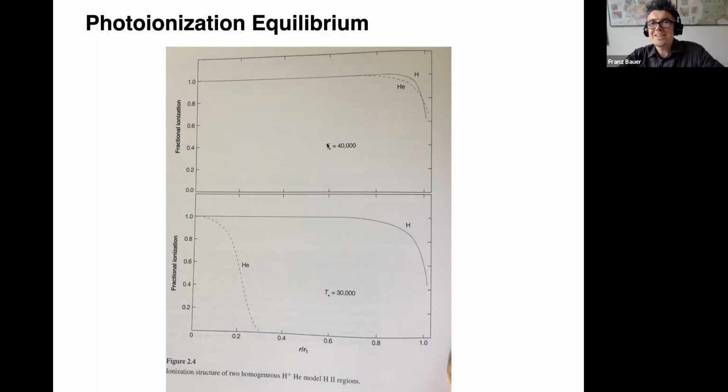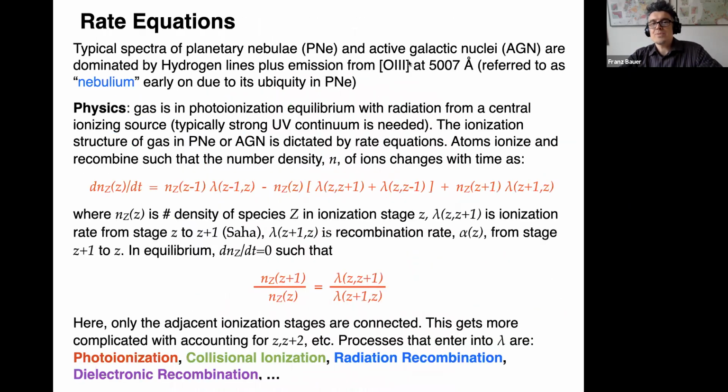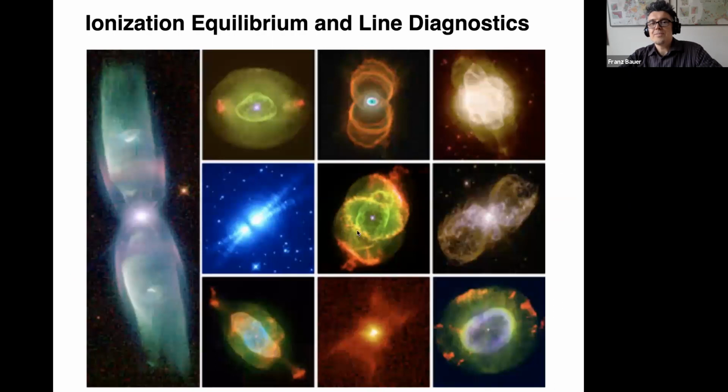Particularly now, if you add in other elements, then this becomes quite complex in terms of the ionization structure, right? And so you have to give it a lot of thought. And this can then, of course, go back to thinking about some of the images that we saw here, right? And so this is your central ionization source, and these emission lines might be from oxygen and maybe from nitrogen, sulfur.